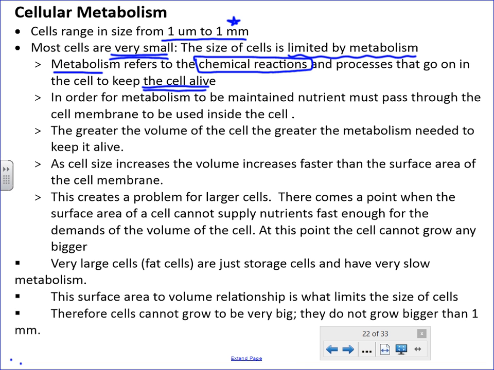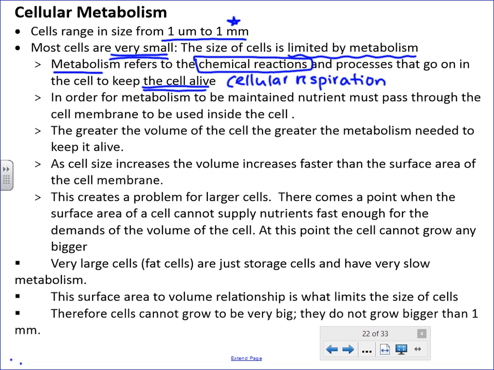And so an excellent example of metabolism would be cellular respiration. Now I'm mentioning that process because we already know about it from learning about what a mitochondria does, but that's an example of a process that helps to keep a cell alive.